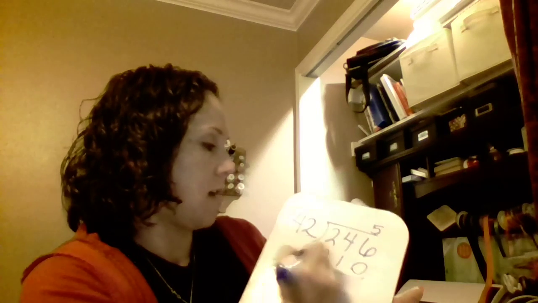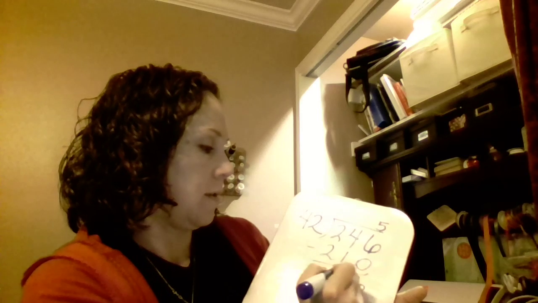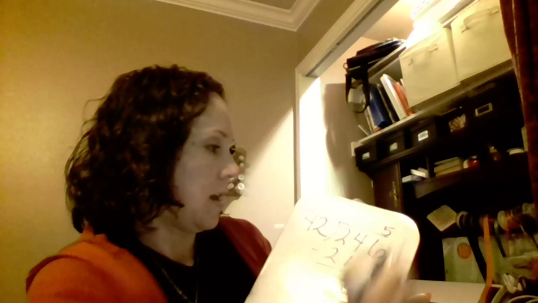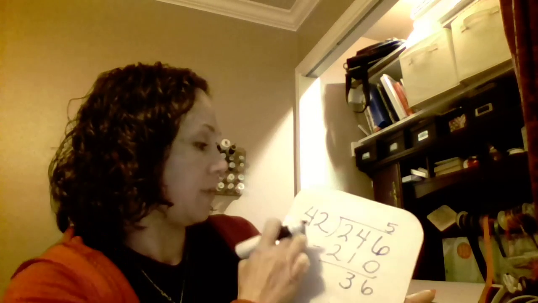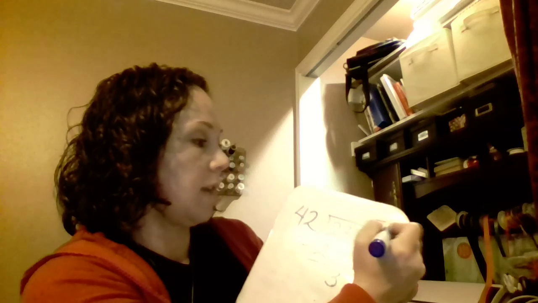Subtract that out. And so this number is now smaller than this one, so we're good. So we have 5 with a remainder of 36. Every time I go through a step, I say, and now what are we going to do next? Multiply? Great, let's do it. What are we going to do next? Subtract? Great, let's subtract. Now let's bring that number down.